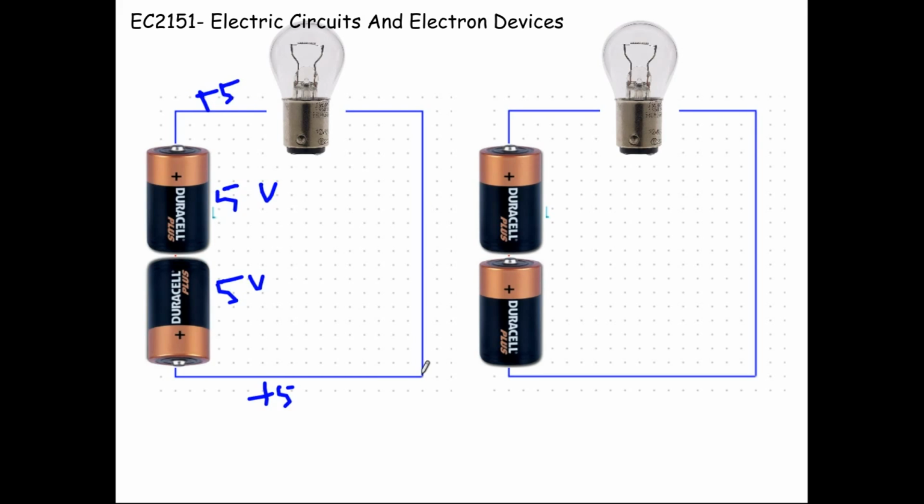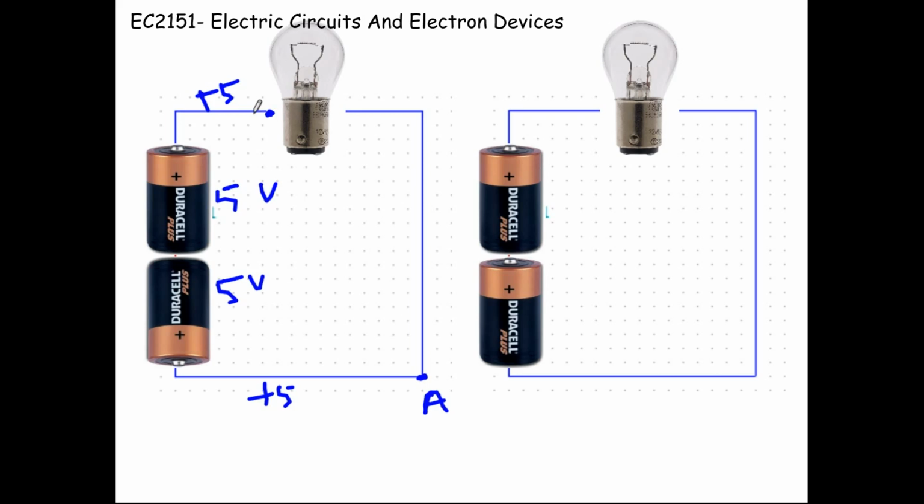Let's say this is our reference point A. The same positive 5 volt will be here, and at this point, what is the potential difference? You need to calculate the potential difference. Potential difference is the difference between the charge accumulated on a point with respect to the reference point A.